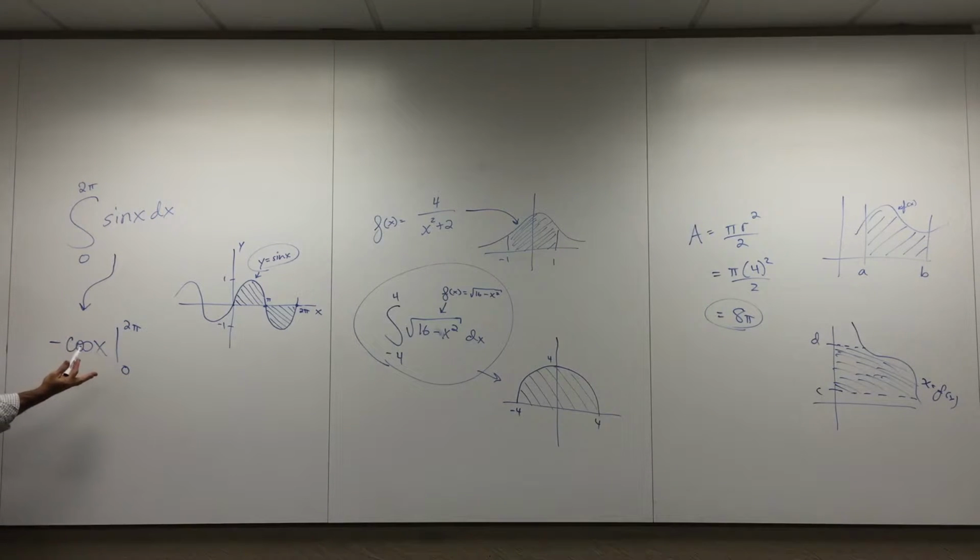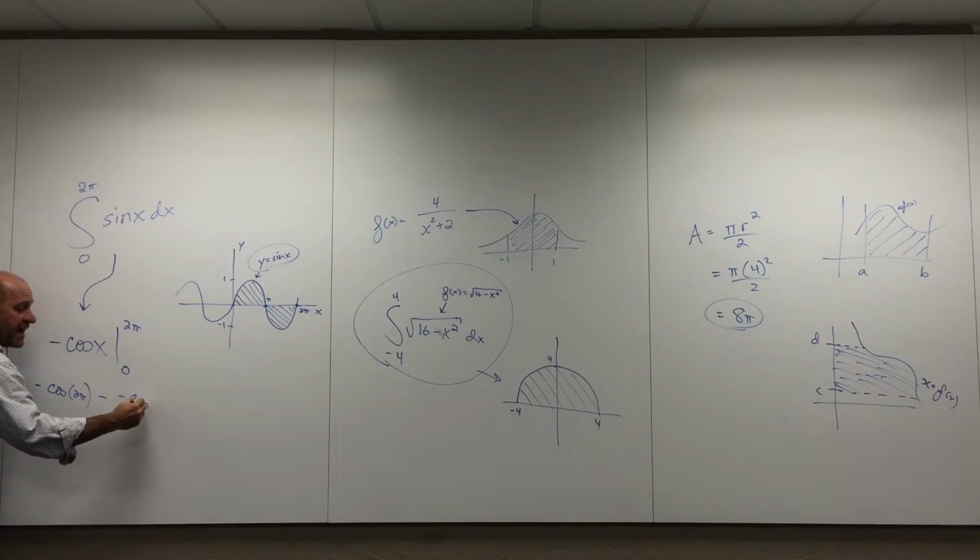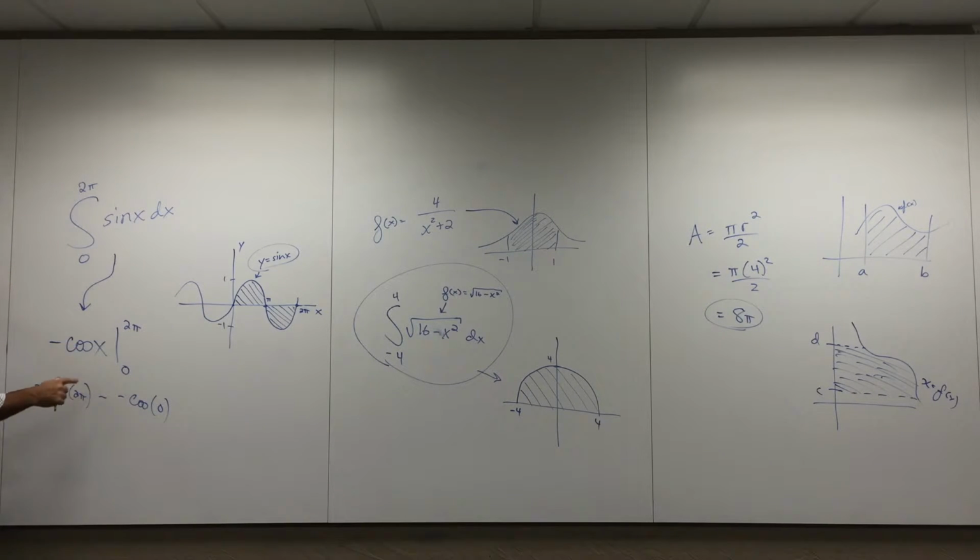This is 5.4, and what that means is you plug the 2 pi in, negative cosine of 2 pi minus negative cosine of 0. There's a negative sign on the function, but when you plug these in, you do subtract them. So this is part of the fundamental theorem of calculus: plug the 2 pi in, plug the 0 in, and subtract them.